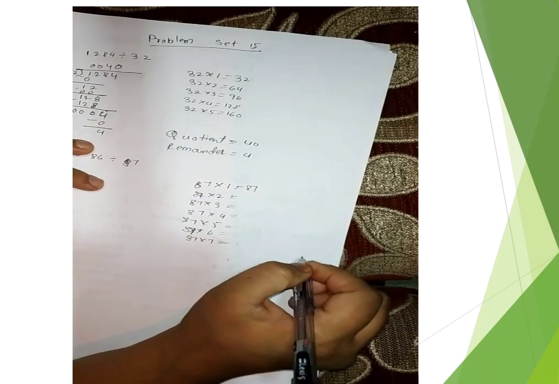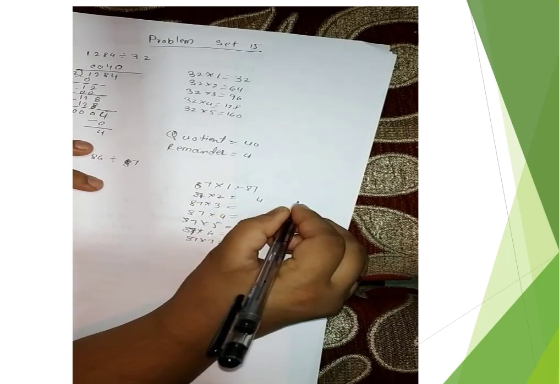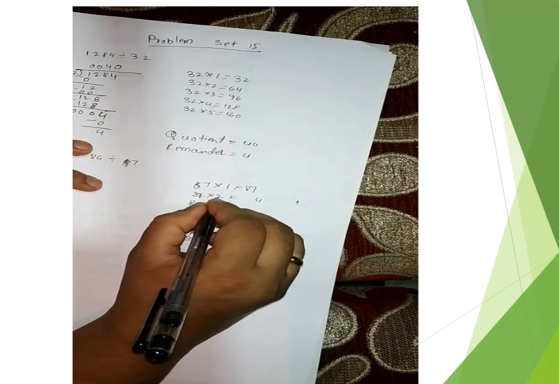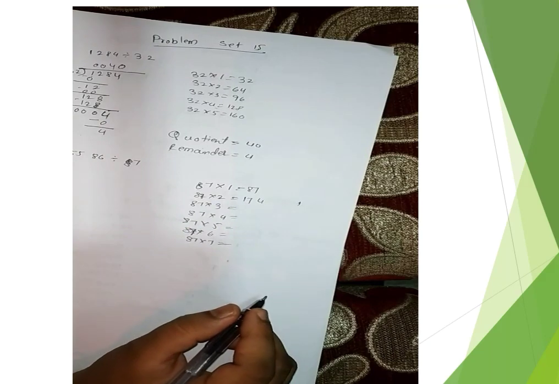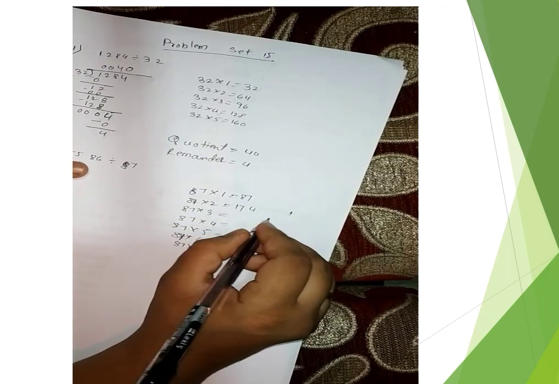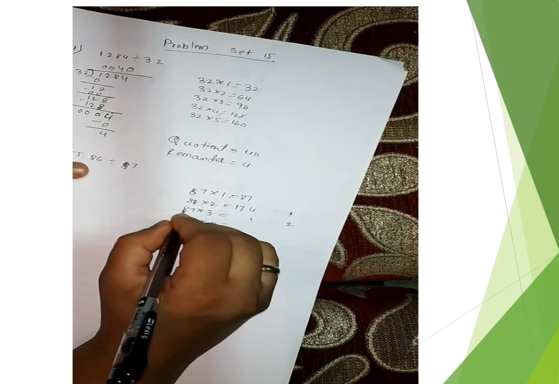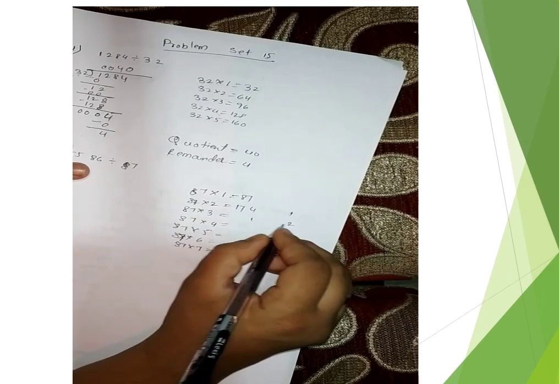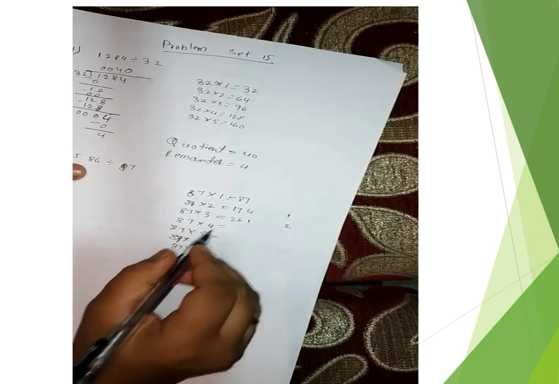Here you have to keep on multiplying. So 7 into 2 is 14, 1 carry. 8 into 2 is 16 plus 1 is 17. Then we have 3. 7 into 3 is 21, 2 carry. 8 into 3 is 24 plus 2 is 26.